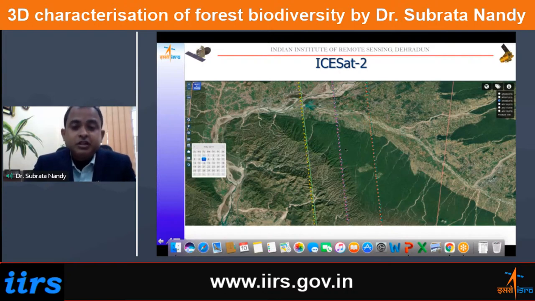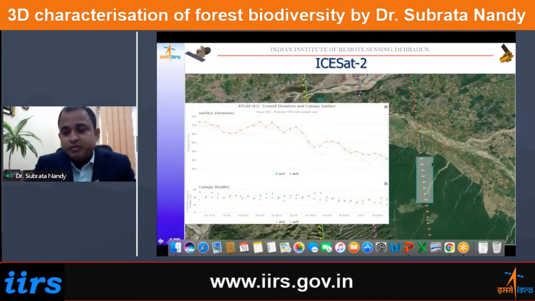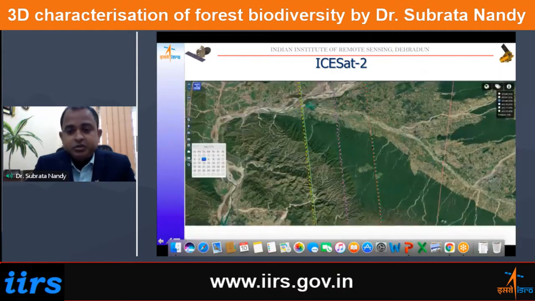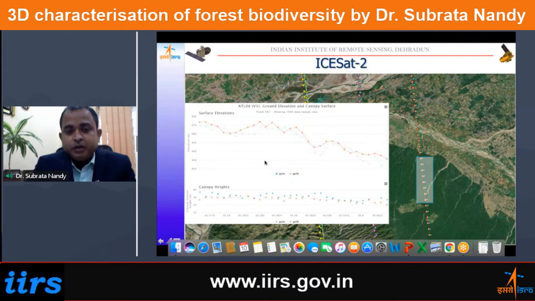So you can see here like this, 3 pairs, and whenever you click any of these points, you will get the height information. Suppose I click here, so I have selected from this data source only. I have selected a small part, and when I've selected this small part, you can see these are the canopy height estimates. So canopy height is around 30 meters, like 22, 25, 30 kind of thing over this area.